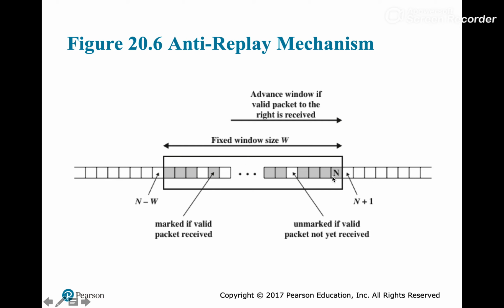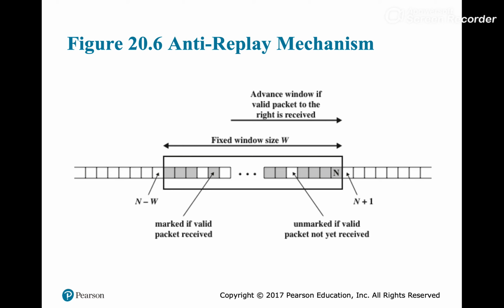When a packet is received by the receiver, how do we come to know that it lies within the window? If its sequence number is in the range of n minus W plus 1 up to n, it is a valid packet and the receiver will accept it.